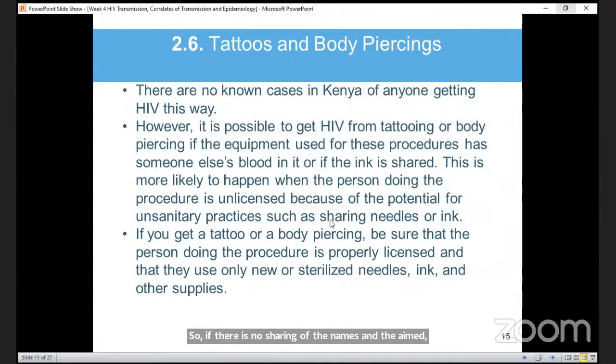But if the person doing the tattooing uses one needle on one person and then another person, dipping the needle in the same ink, there's a likelihood of transmission from the ink or from the needle itself. Otherwise, if a different needle and different ink are always used, then there is no cause for alarm.